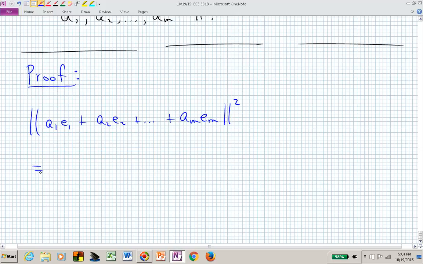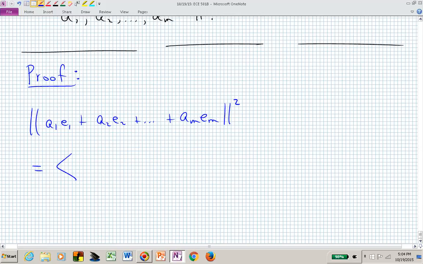But how do we rewrite this norm squared? This is just a vector, isn't it? You could say this whole thing is a vector u. So this is just the inner product of u with itself. That's how we get a square of a norm.